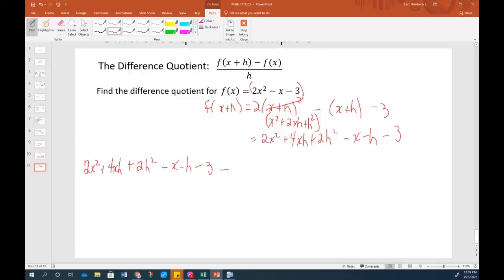And now guys, if I minus f of x, what it's going to do is change all of those signs. So to save myself some room, I'm going to go ahead and do that. So that's going to be minus 2x squared plus x plus 3. Okay, so I know it looks like I've got the signs wrong, but that's because it was a minus f of x, so I distributed that negative. Now this is all over h.